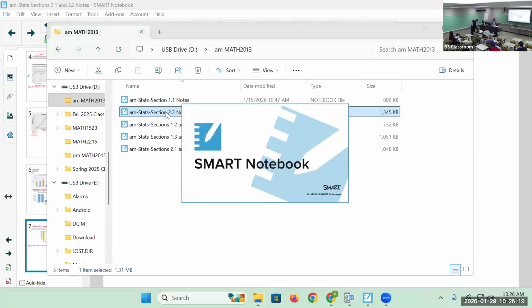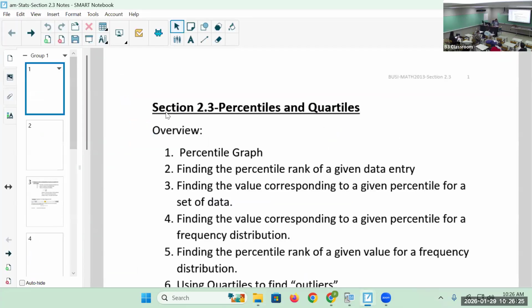So in section 2.3, we continue representing data, and one of the first representations is actually called a percentile graph. And so there are certain rules.